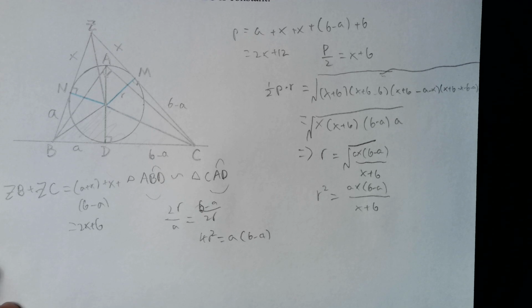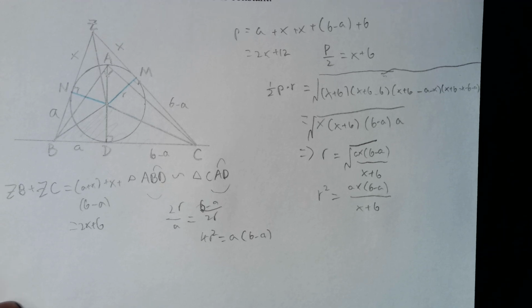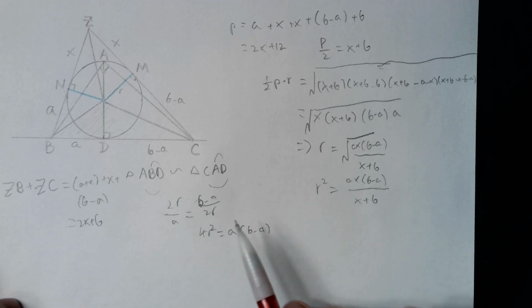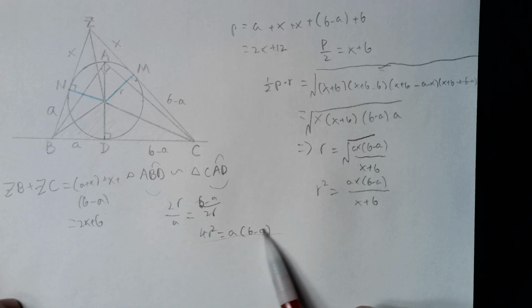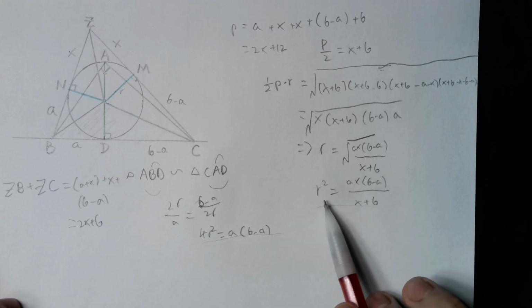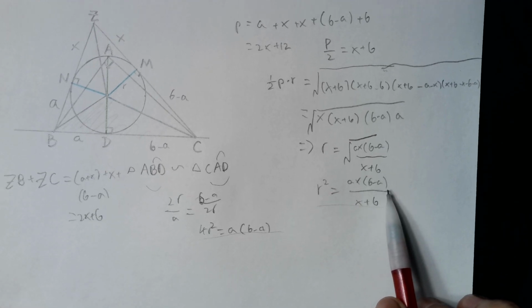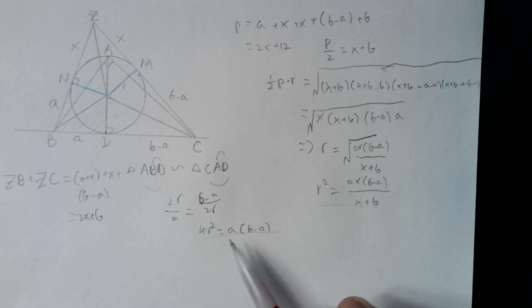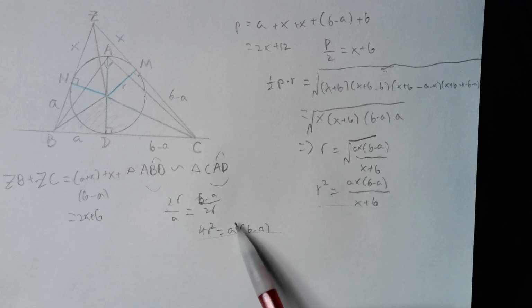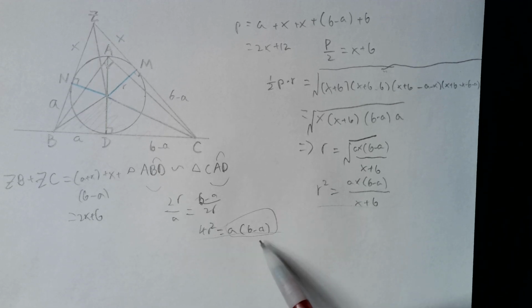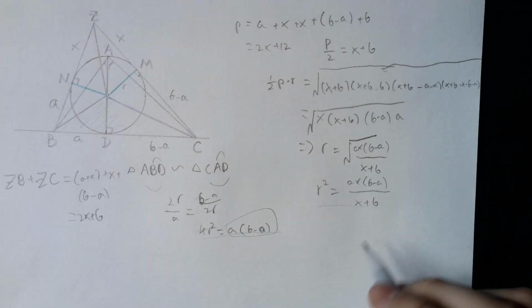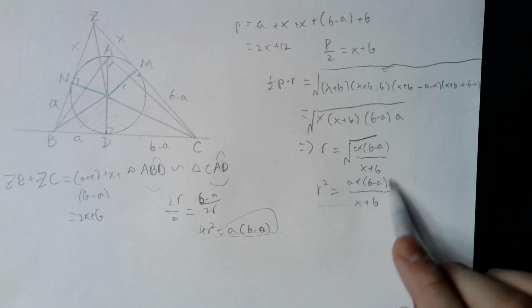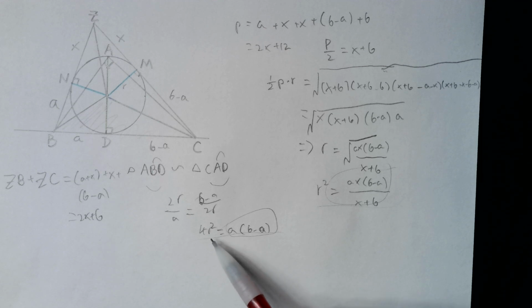Now that we have this, something that we can actually do is finally solve for this. So looking back to these two equations here, we have 4r squared is going to be equal to a times 6 minus a, and r squared is going to be equal to ax times 6 minus a, divided by x plus 6. And now we can actually compare a times 6 minus a and this equation here, as long as we just remove the 4 here.